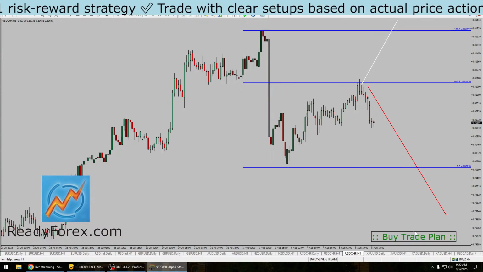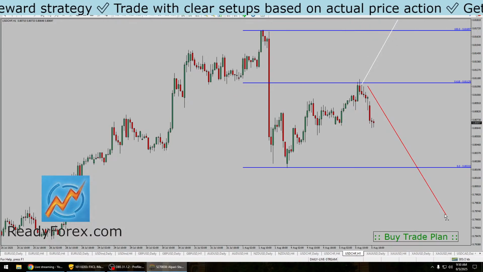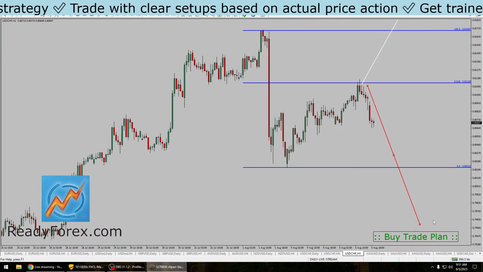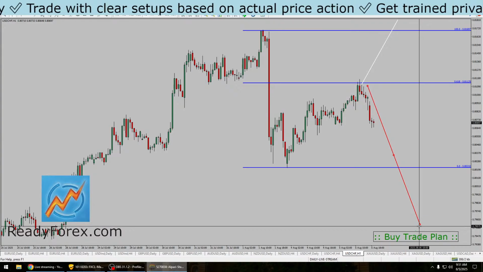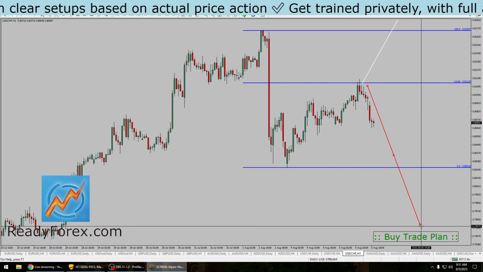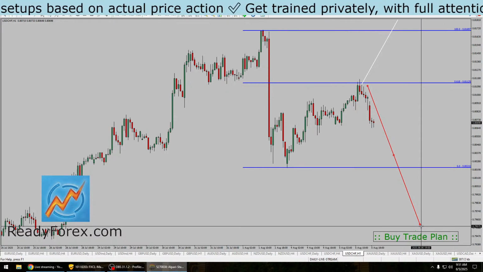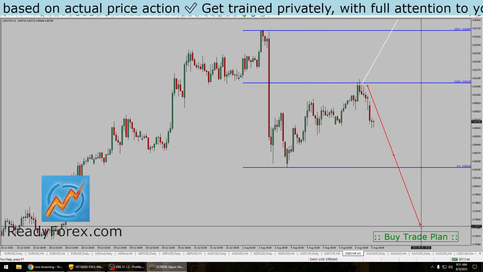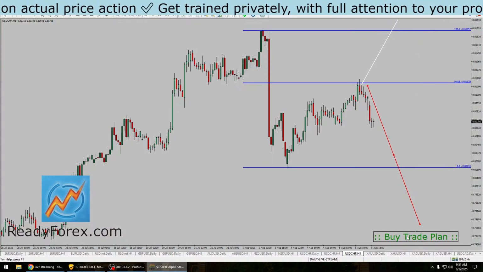Allow the market to drop first, and once we do get a drop in price action, then from these lows, if I get a possible buy trading chance, then I will look for a potential buy trade. Otherwise, let it go, wait outside.